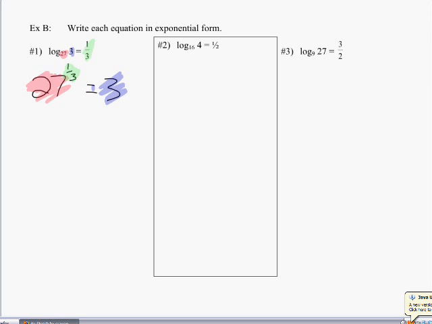Please try number 2. Who would like to share their answer for number 2?